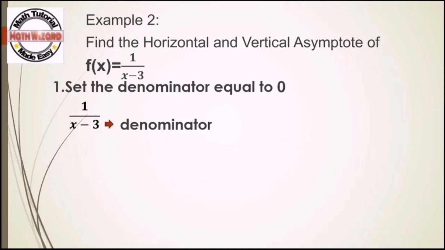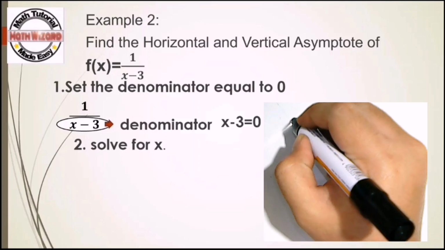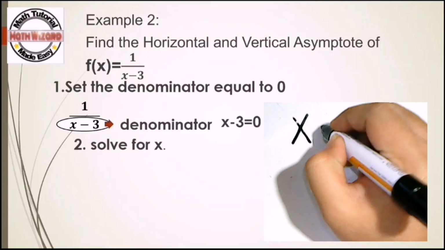Now, since we already found out which one is the denominator, what we will do is to equate it to 0. That's why our equation now is x minus 3 equals 0. And then we follow the second step. What is the second step? The second step is to solve for the value of x.